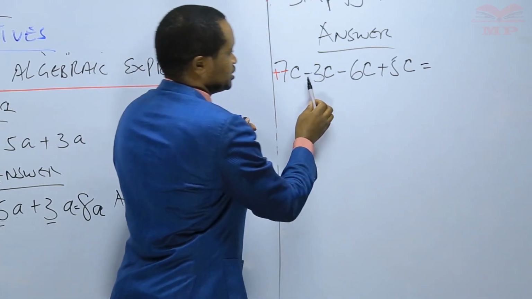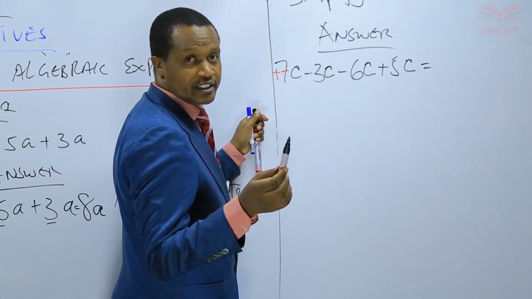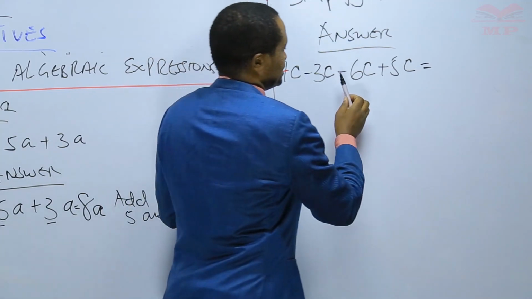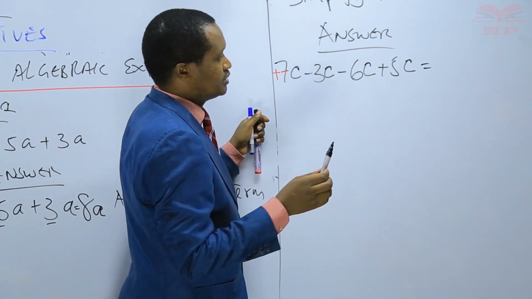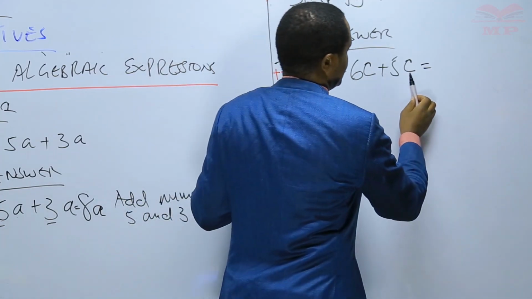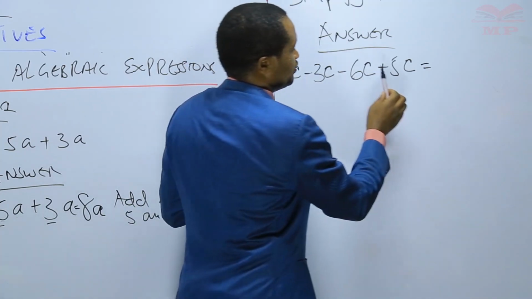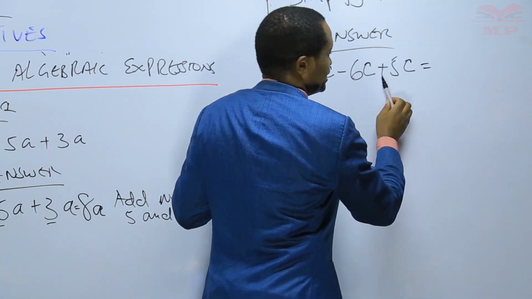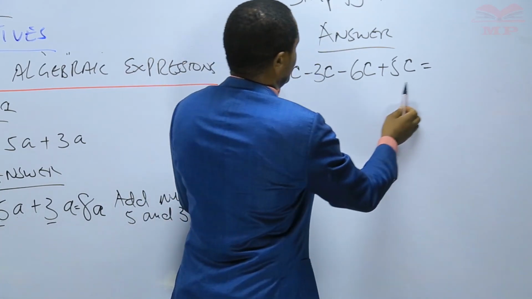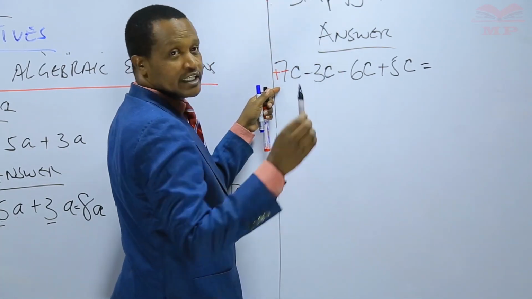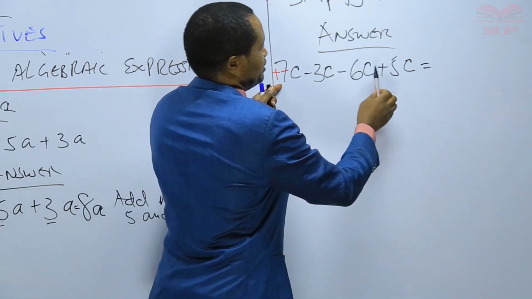The third term is 6c. The sign before 6c is a subtraction. Then 5c is the last term in this expression. The sign before this term is addition. So from these four terms, the terms that should be added are 7c and 5c.